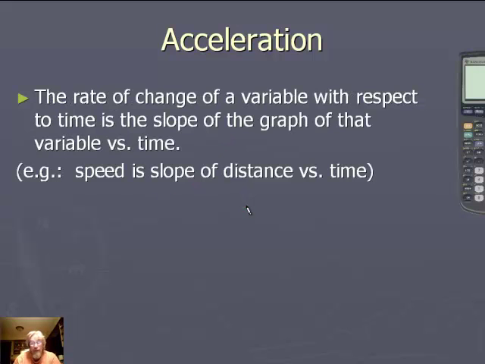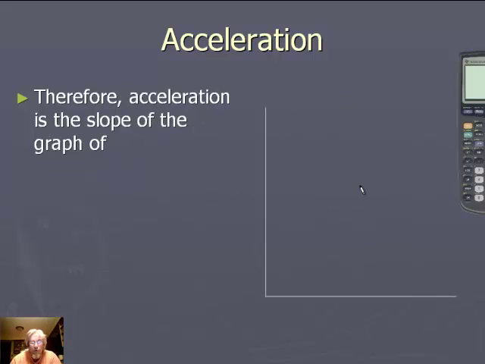If you have time versus any variable on a graph, the slope of that graph is the rate of change of that variable with respect to time. For example, we've already seen speed is the slope of distance versus time. So thinking about acceleration, what would the graph be whose slope would represent acceleration?